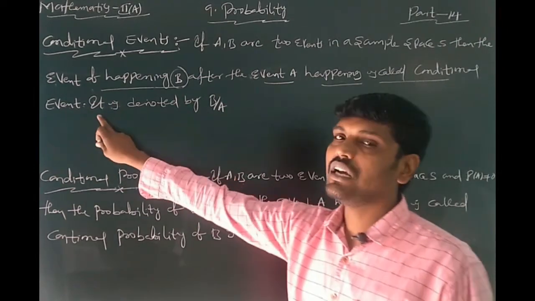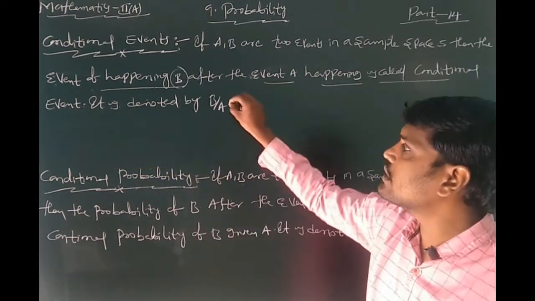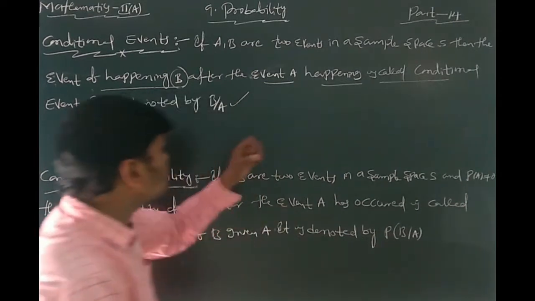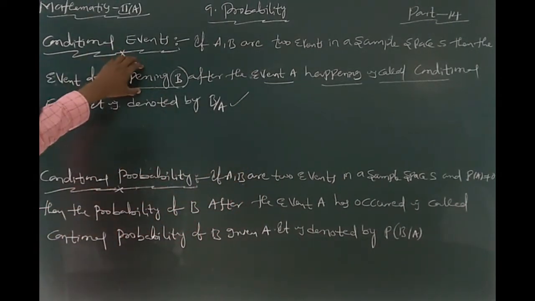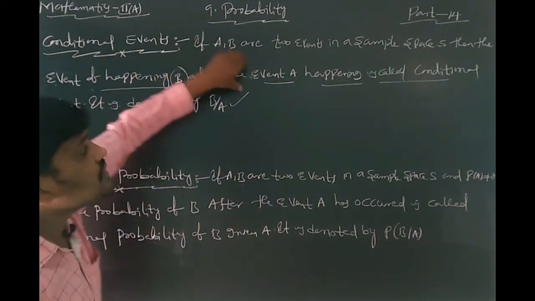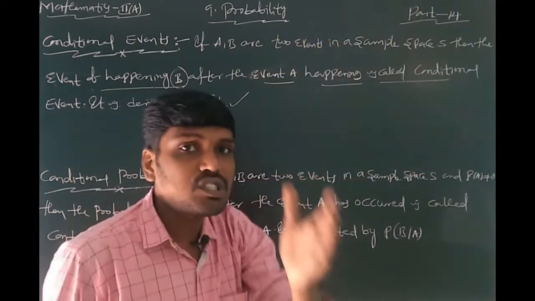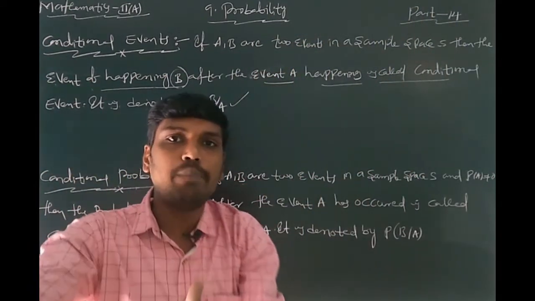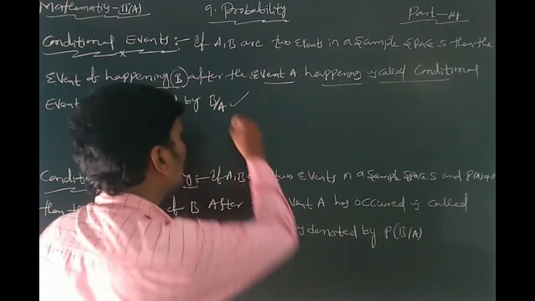This conditional event is denoted by B by A. Here, which one happens first? First the A event happens, after that the B event happens. That's why you can write B by A.